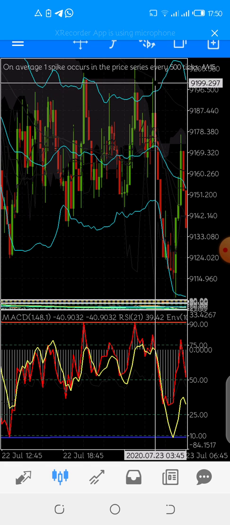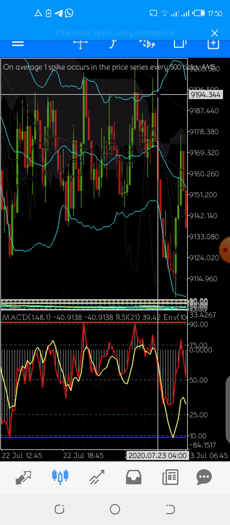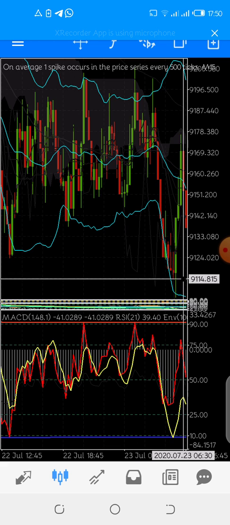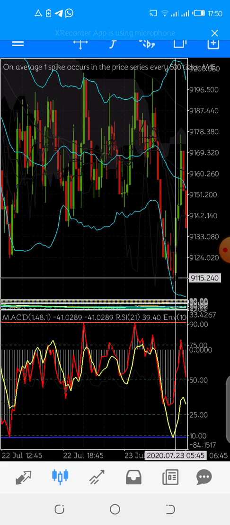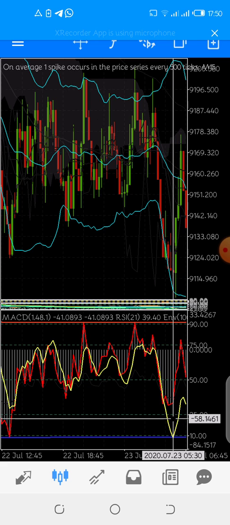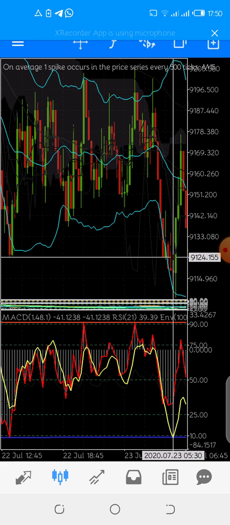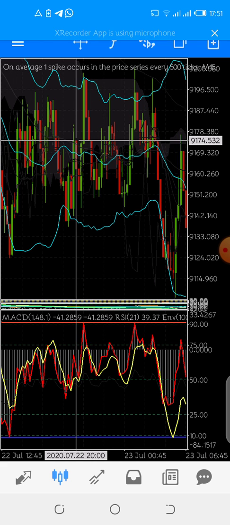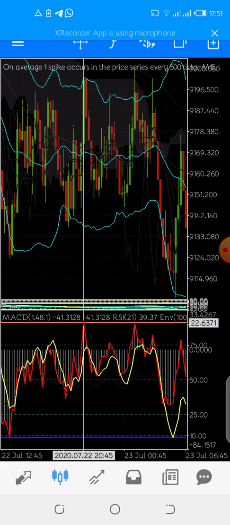We touched the top Bollinger Band, then we came all the way down with it, came up to down here, of which the MACD was not touching, but the moving average was touching, and then we went up with it. Well, in such a situation, I would place this, that the MACD was touching level 90.